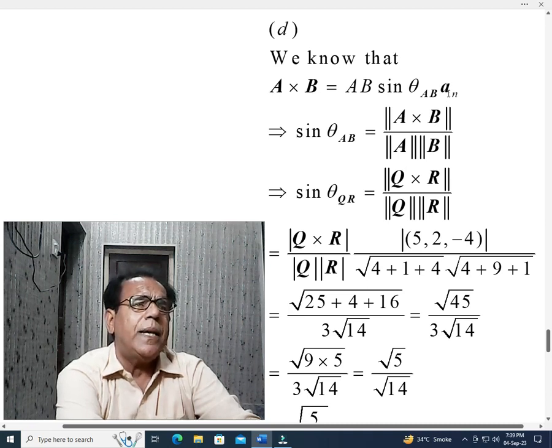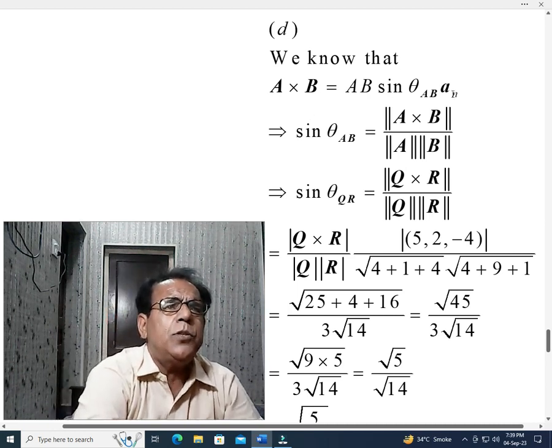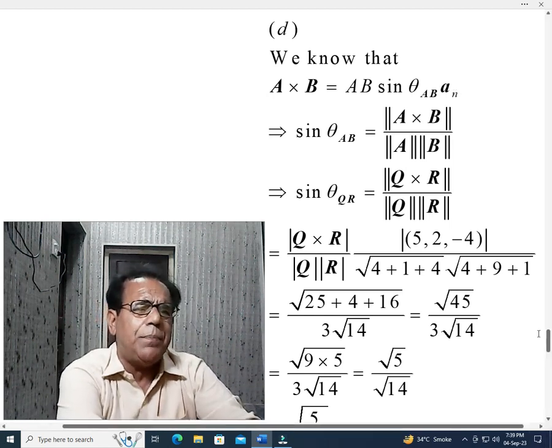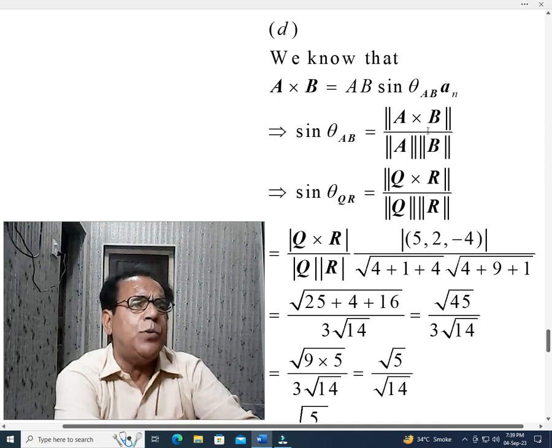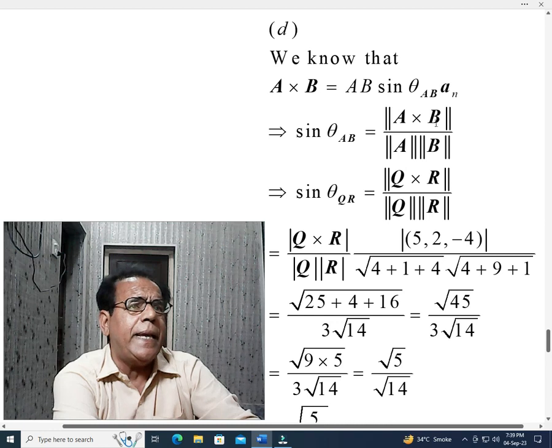And this is because this is a unit vector, so in place of an we will get 1 when we take the magnitude. Magnitude of a unit vector is 1, and 1 is always multiplied with every quantity. So sin theta AB becomes equal to A cross B over AB. We take magnitude of both sides, and hence magnitude of A cross B over magnitude of A magnitude of B.